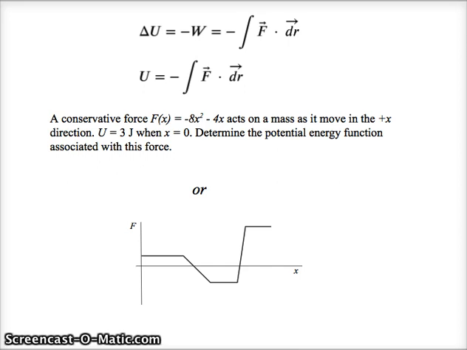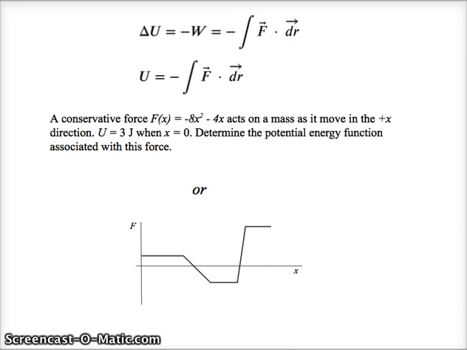So the two ways you're going to see this is you might be given a force function, like here, negative 8x squared minus 4x, a force function in terms of position, and then you might be asked to determine the potential energy function. So you would integrate it, and in this case, the potential energy is 3 joules at x equals 0. So that would be your constant term that you add when you integrate.